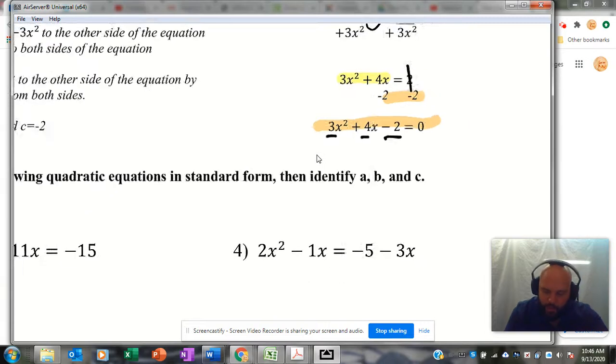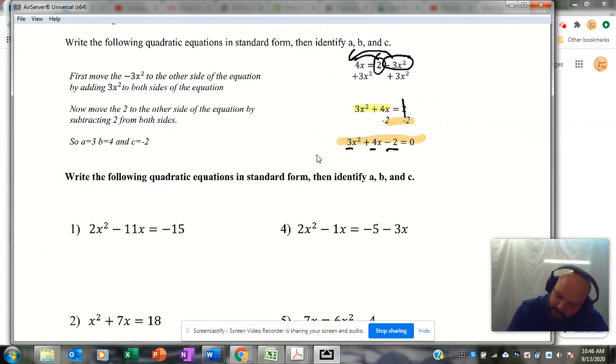Now, one thing to keep in mind: if you have a quadratic equation like negative 4x squared minus 5 equals 0, this does not have three terms. What I said in the last one, A is the first one, B is the second one, C is the third one, is true if you have all three terms. In this case, we don't. So the A term is what's on x squared, and the B term is what is on x.